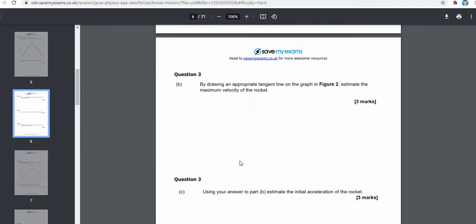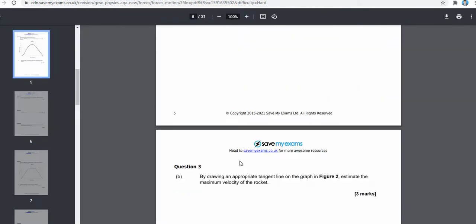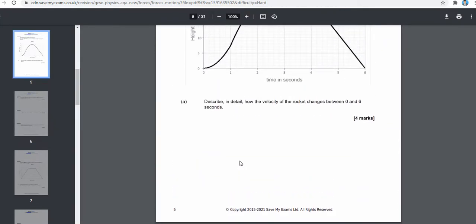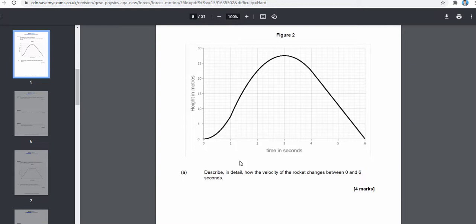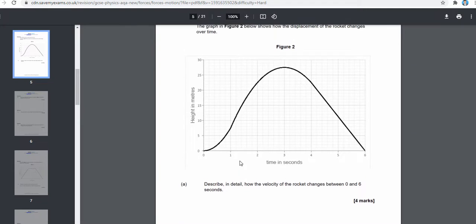The next part says, by drawing an appropriate tangent line on the graph in figure 2, estimate the maximum velocity of the rocket. So we have to draw a tangent line to determine the maximum velocity of the rocket.